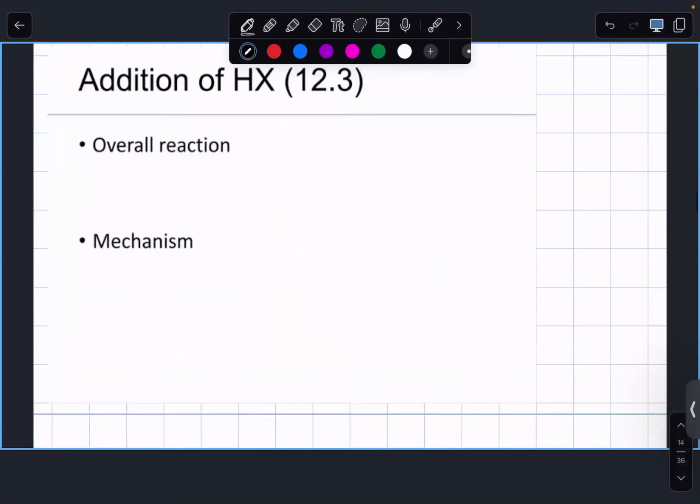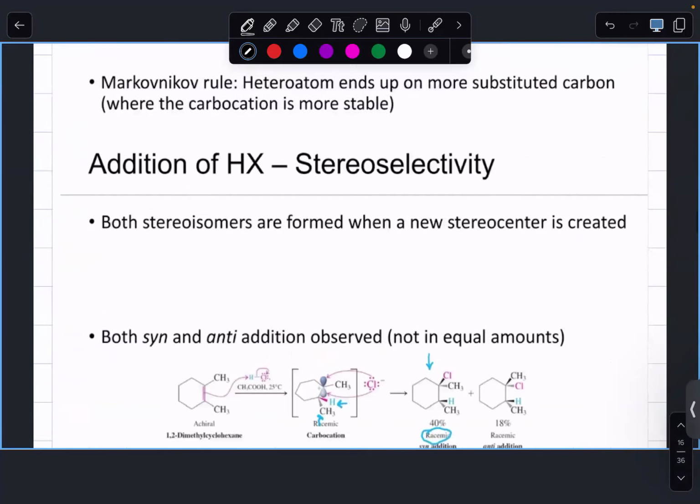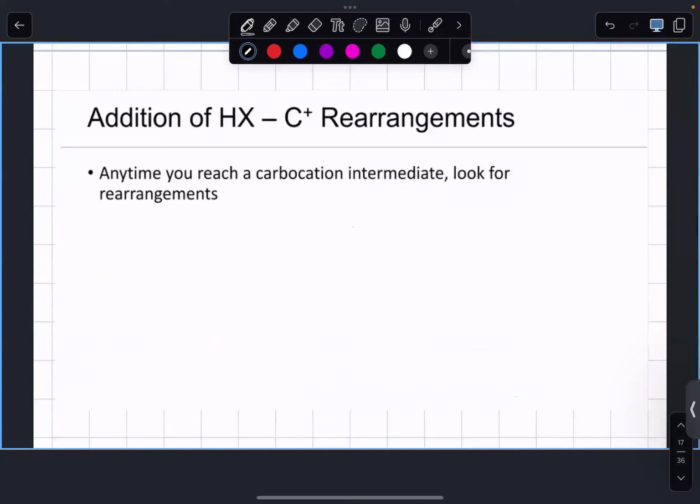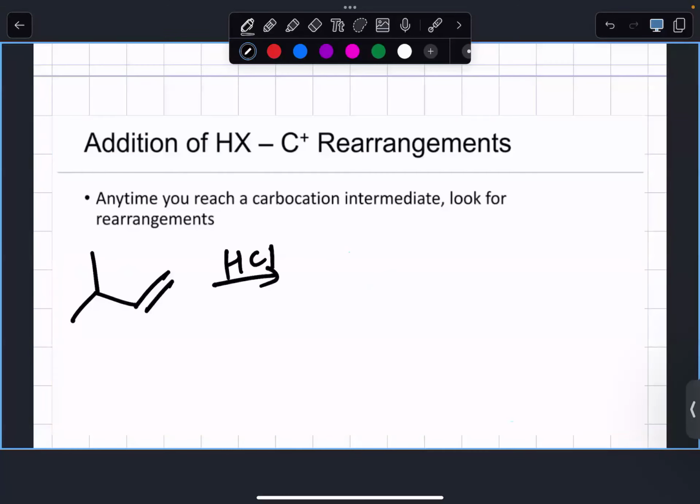Okay, let's skip all of these slides because we basically just talked about that already, like the Markovnikov, anti-Markovnikov. But go to this slide right here, the addition of HX rearrangement. Okay, so let's say we have something like this with HCl. Which one of these carbons will grab the H from the HCl?